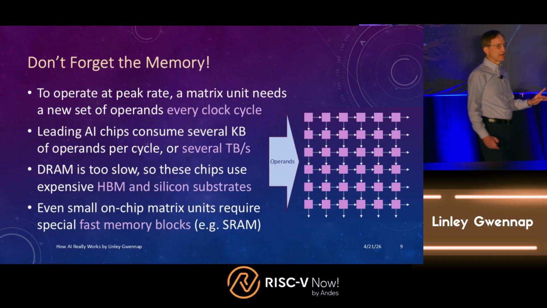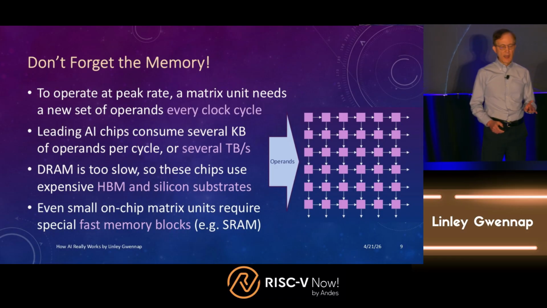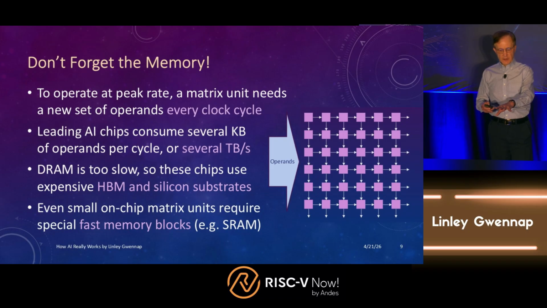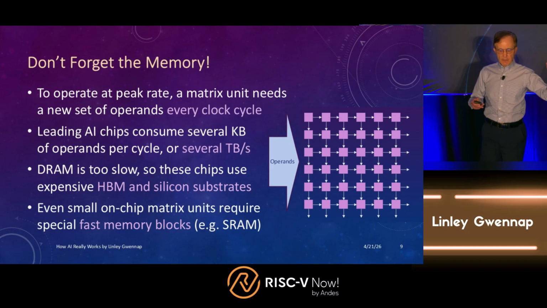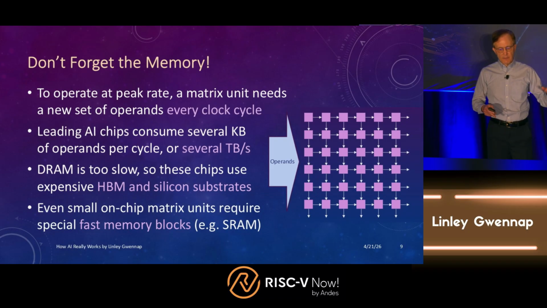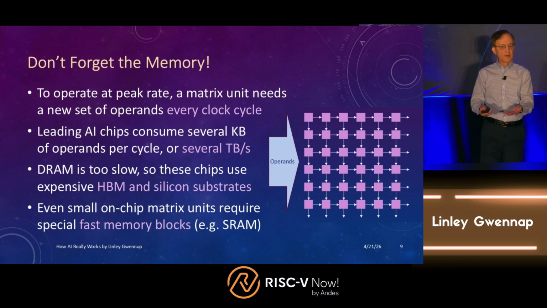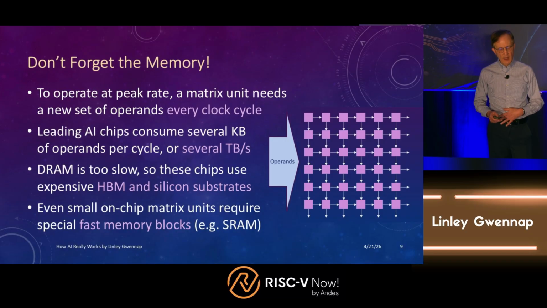Now, memory is an important part of this as well. I mentioned earlier that a state-of-the-art network could have a terabyte of weight values. And when you look at the matrix unit, you have to make sure that you can feed enough operands into the matrix unit in order to keep all of those weight values operating.